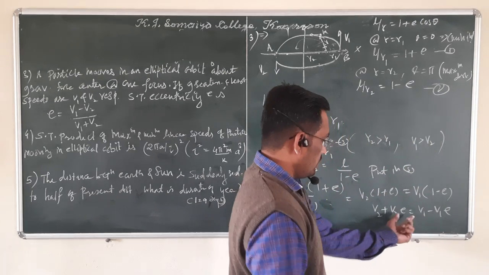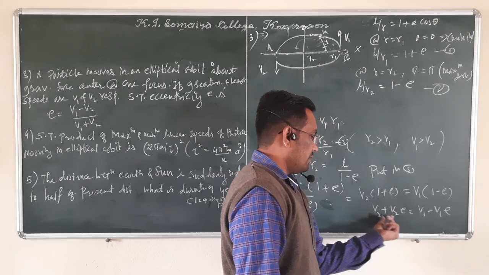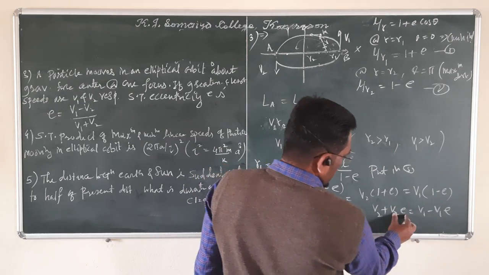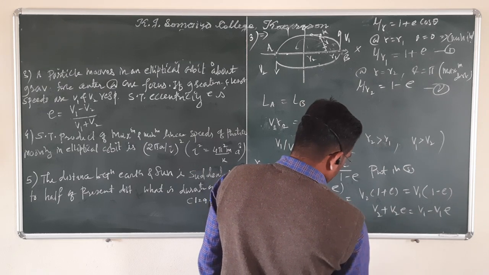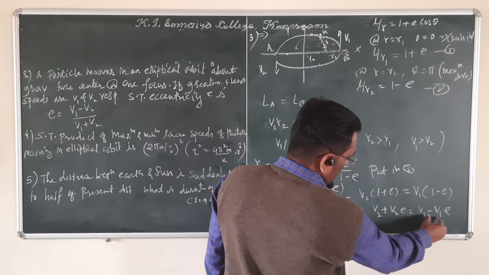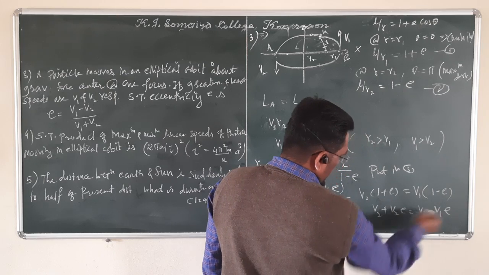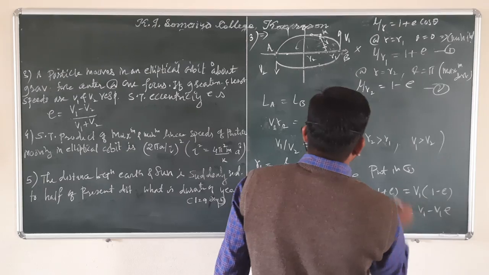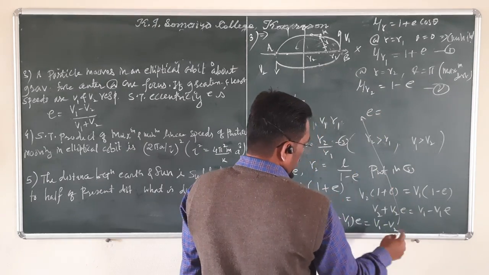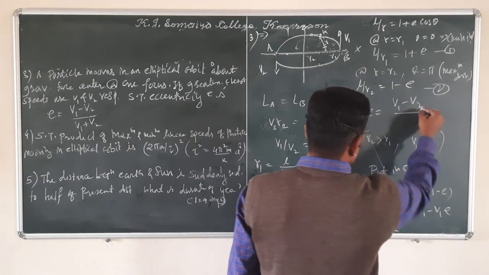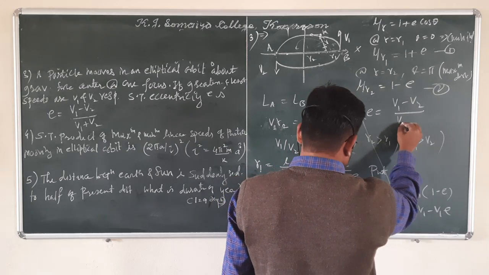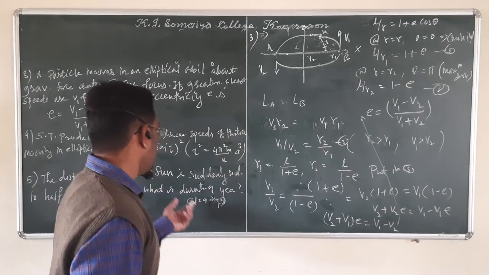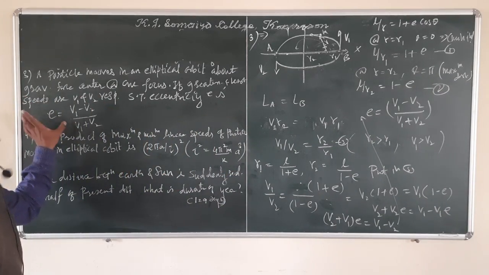If you take this term to the left hand side and this term to the right hand side, v2 plus v1 multiplied by e is equal to v1 minus v2. So from this equation, eccentricity e is equal to v1 minus v2 divided by v1 plus v2. This is the required answer of problem number 3.